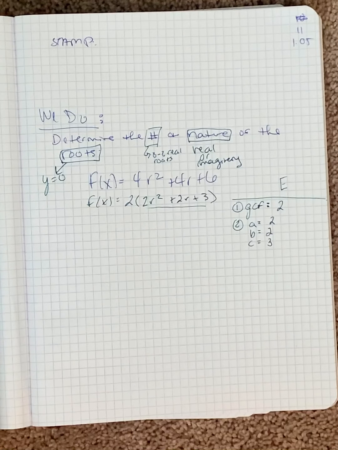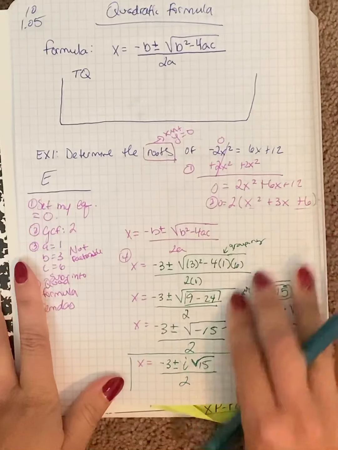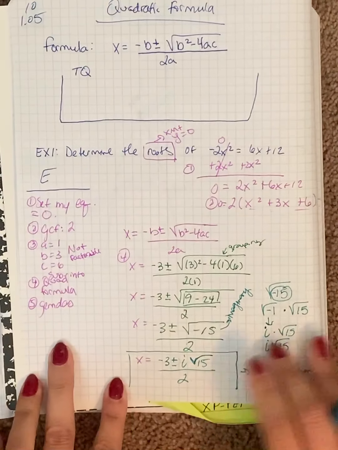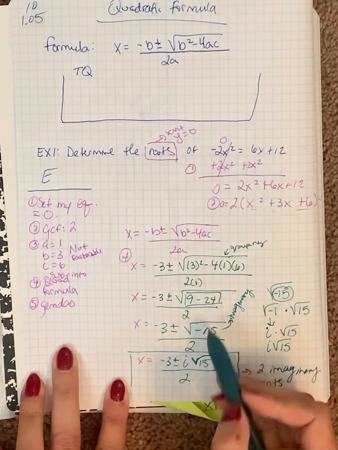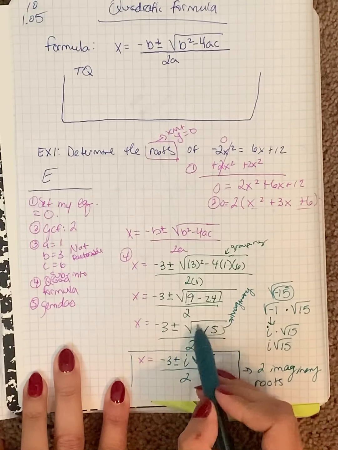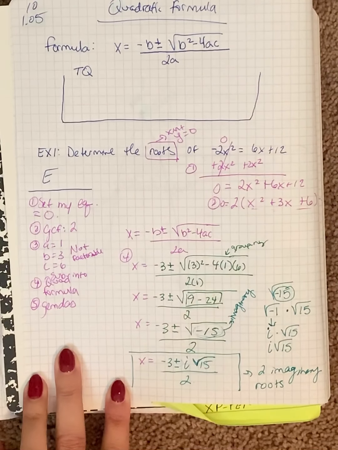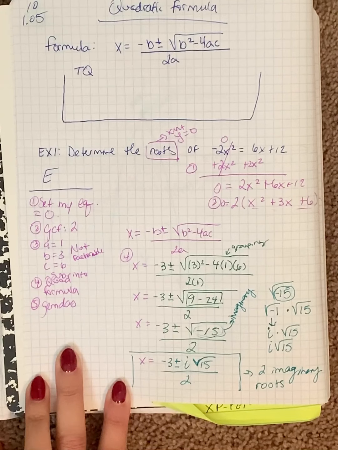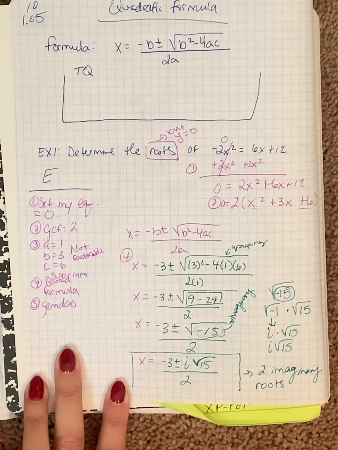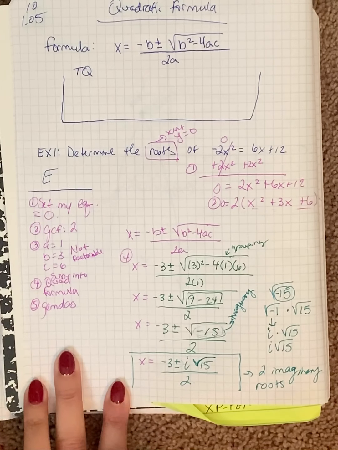Well, I only need to find the number and nature of my roots. I don't actually need to find the value of those roots. So when I look back to my notes from yesterday, I knew that I was going to have imaginary roots when I saw that I had a negative under my radical. So if my number under my radical is negative, my roots will be imaginary. So I wonder if I only use that part of my formula.